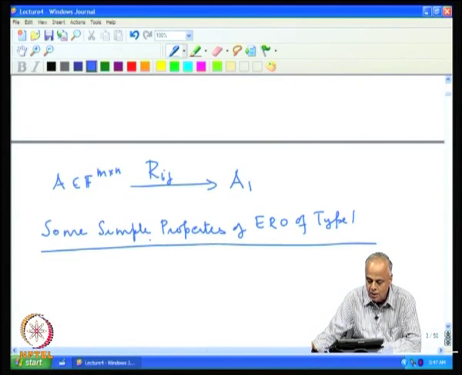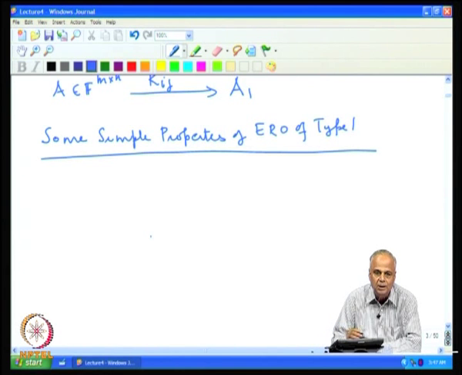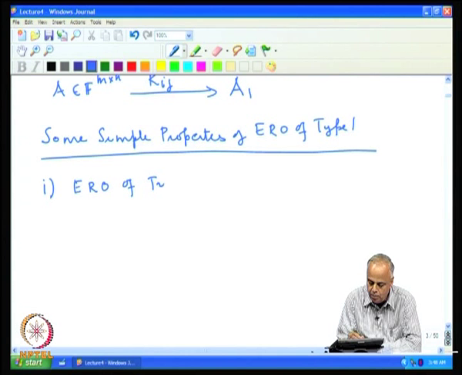In other words, the interchange is a reversible process or an invertible process. So, the first property we observe is that the ERO of type 1 is invertible.